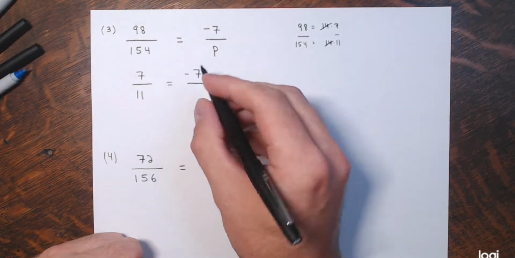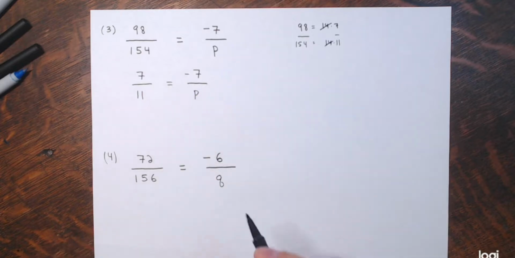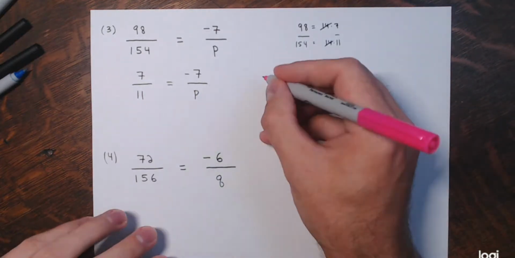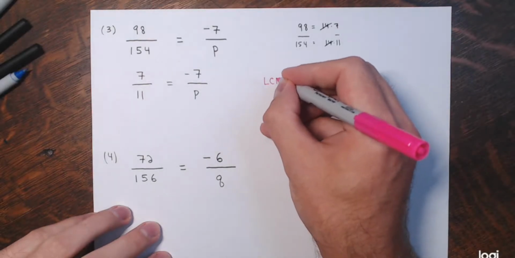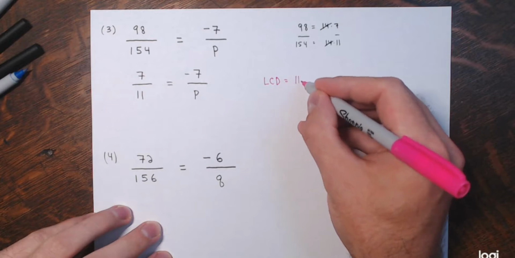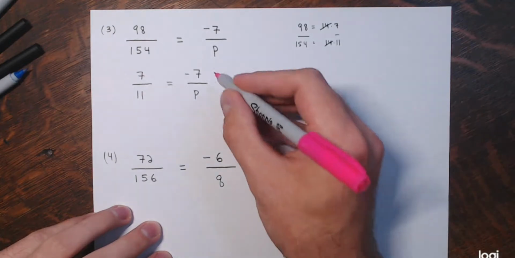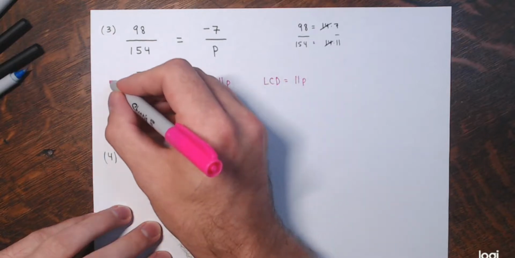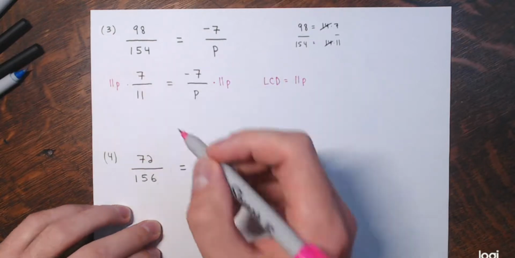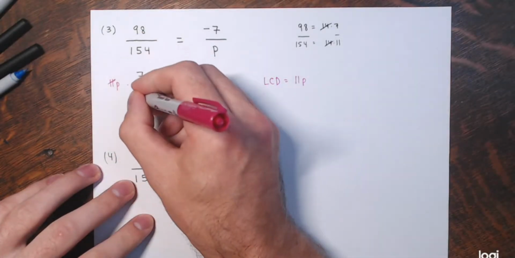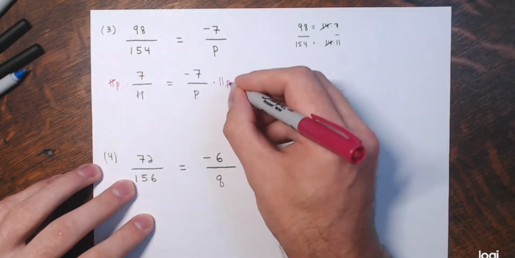So negative 7 in the numerator, p in the denominator. The way this looks, the LCD is just 11p, 11 times p. So I multiply the right side by 11p, the left side by 11p as well. On the left side, the 11s cancel. The right side, the p's cancel.